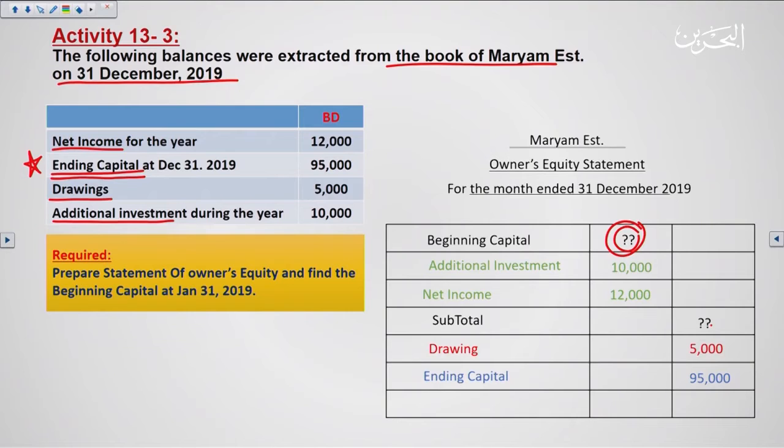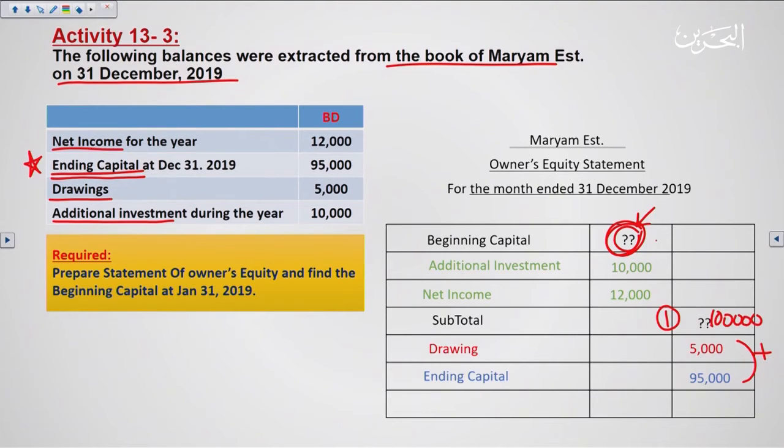Now, in this kind of question where you have to calculate the beginning capital, I will start from the end of the statement, and I have to reverse all the operations in order to get this amount. First, I will start with the subtotal, and I will calculate it. I have to add these two amounts, then I will get 100,000 BD.